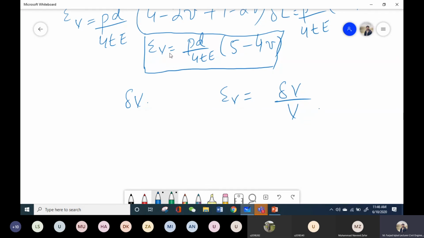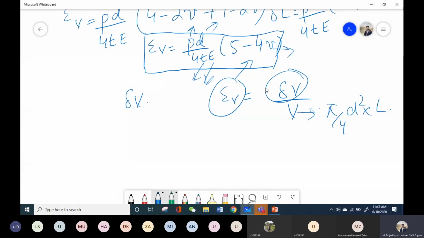I can calculate the volumetric strain from this formulation, and the original volume is pi by 4 d square into L. All the input parameters are provided: the pressure, the internal diameter, the thickness, the modulus of elasticity and Poisson ratio, so I can directly compute the change in volume. The formulation for change in volume will be PD over 4TE (5 minus 4 nu) into volume.